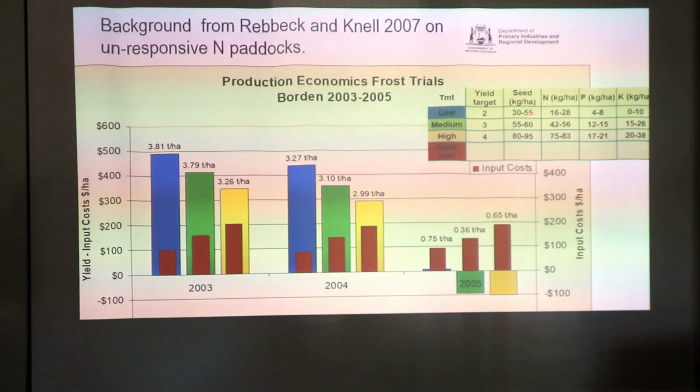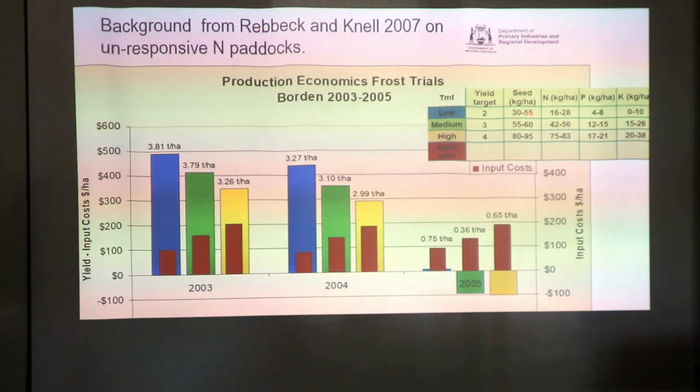And they just looked at the production economics over the 3 years when it got frosted. Basically, this is the gross income of the crop, take the input costs, and they found as their input costs increased, their gross income reduced. Most of that was because they weren't getting a yield response to nitrogen.